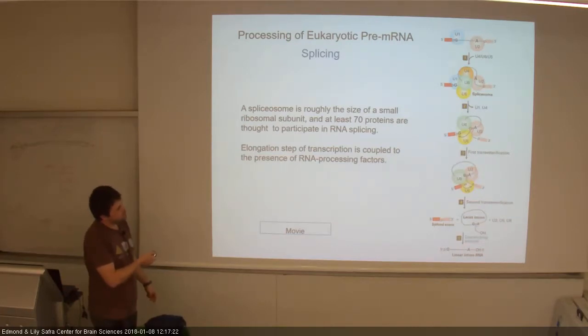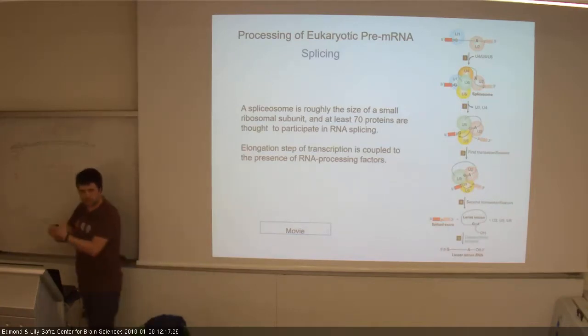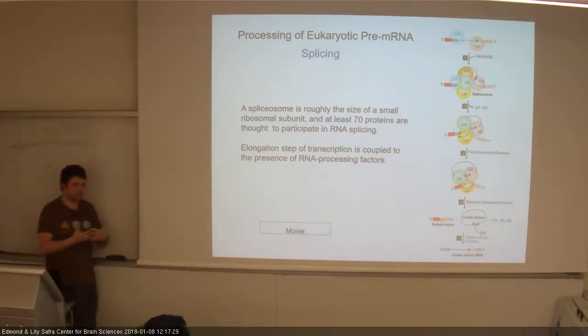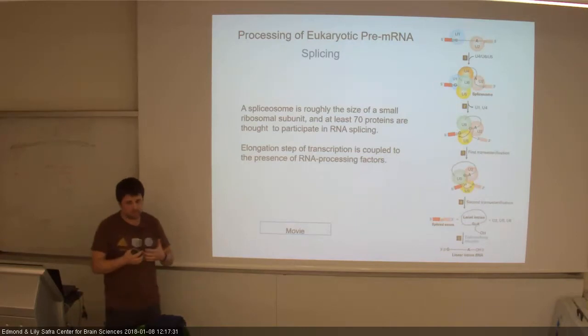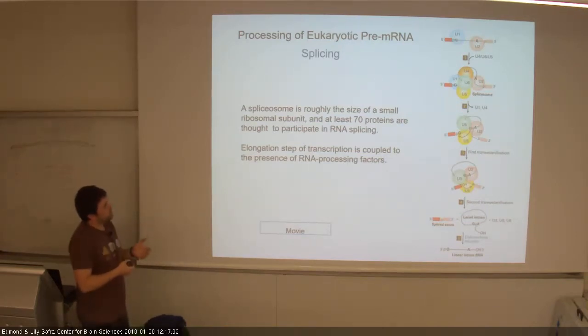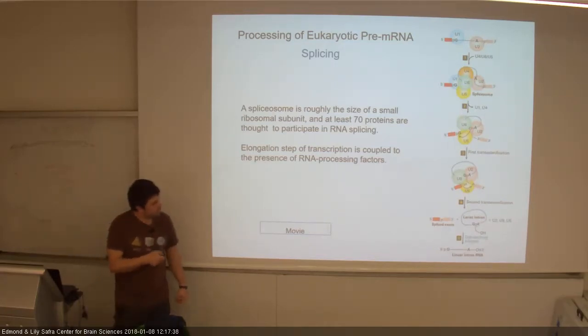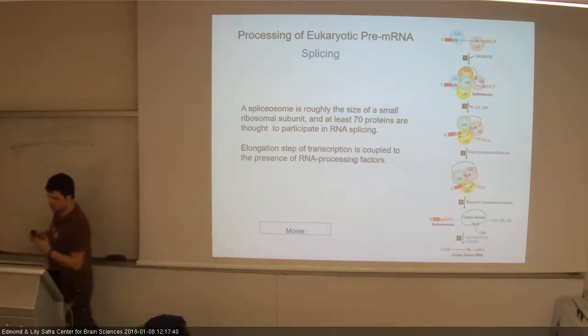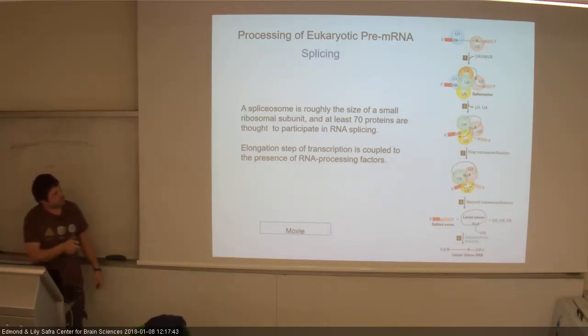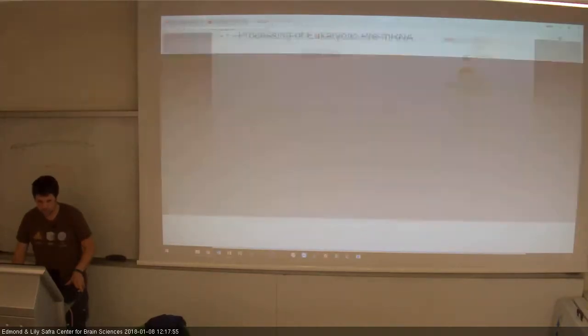Although I told you that the mRNA has the capability to splice itself, effectively in eukaryotic cells it doesn't happen by itself, and it's mediated by a large number of proteins and a lot of regulation steps that mediate the splicing of mRNA. And again, so you won't have to imagine too much, you have a movie.